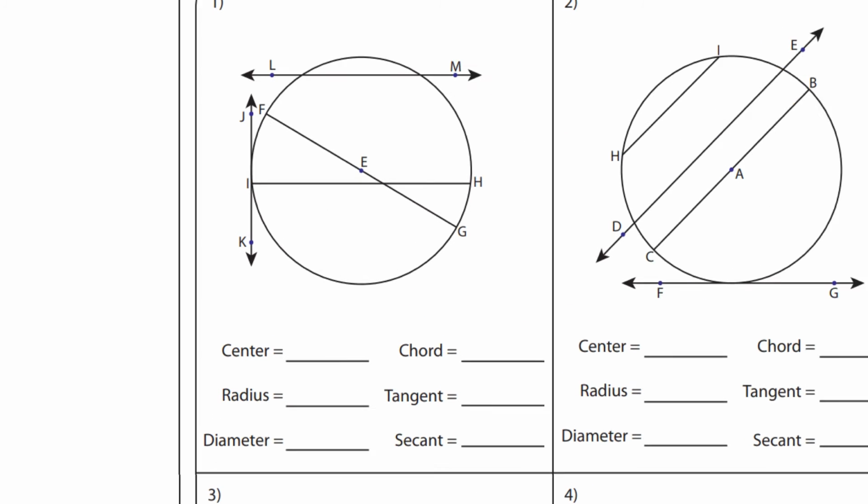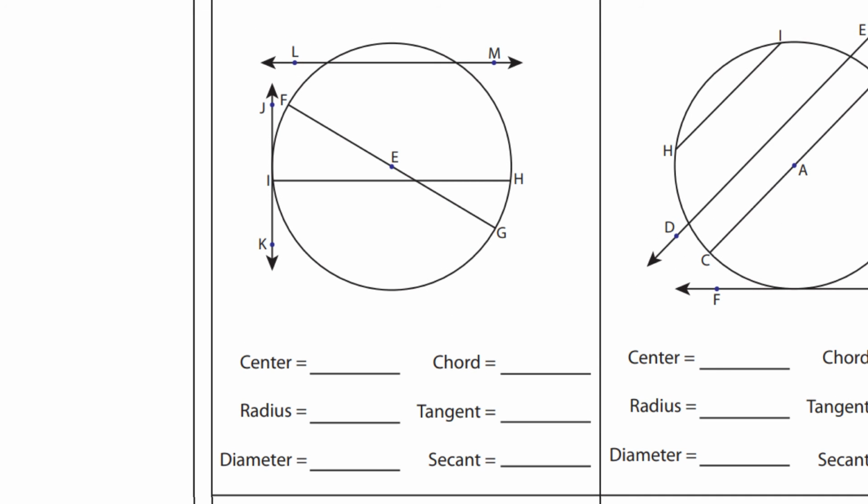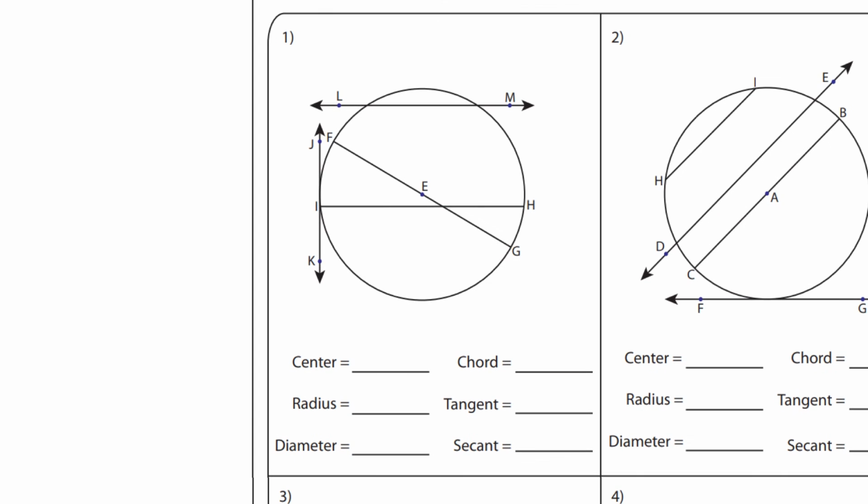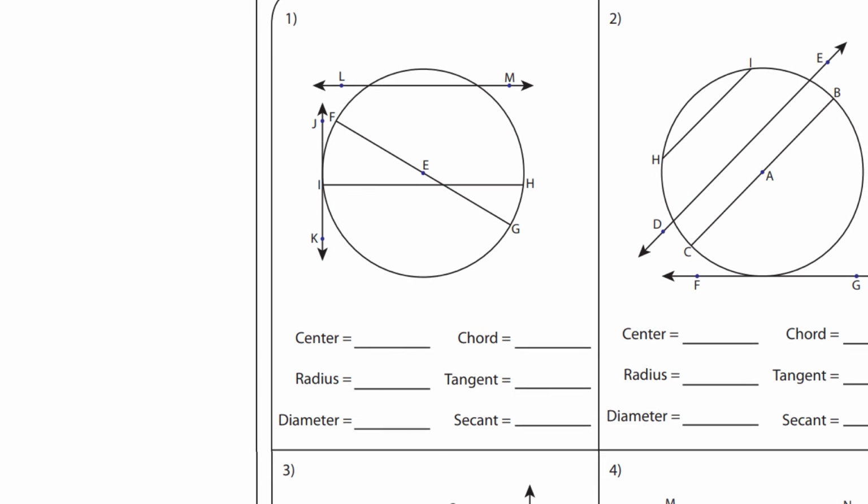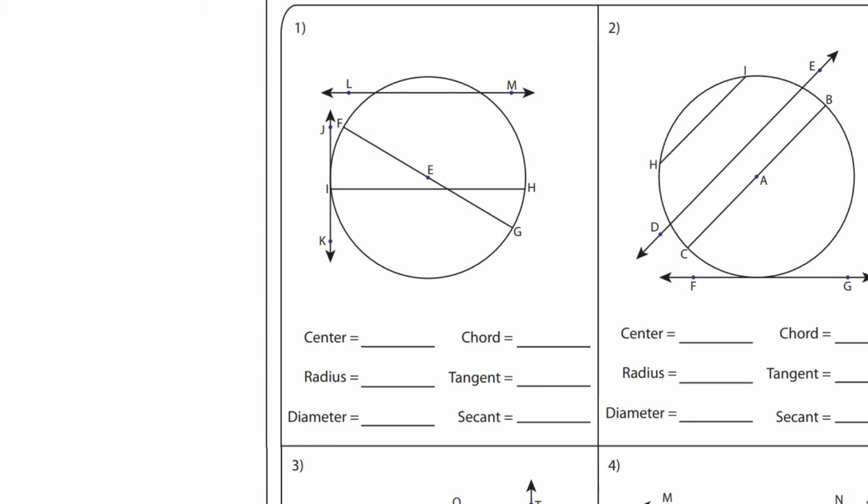Okay, now on the very back. Okay, what is the center of this circle? E. This point E. Okay. So on these, we're going to name the one that is a chord only.